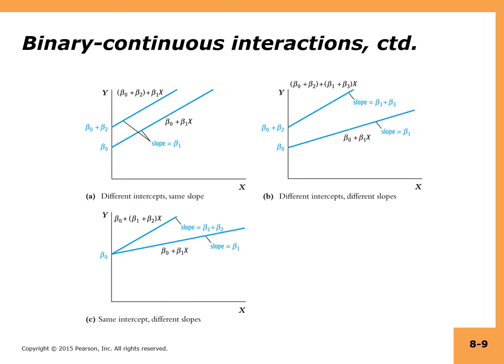So including the interaction term between binary and continuous variable allows you flexibility in the regression model. So using the previous case, say we were interested in the relationship between earnings and education. But we also think that the relationship between earnings and education differs based on gender.